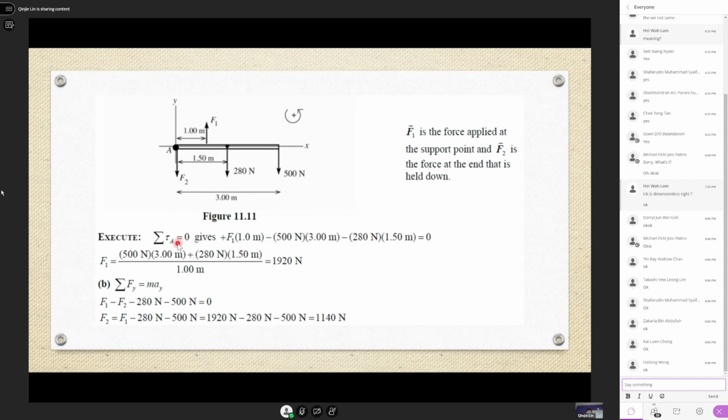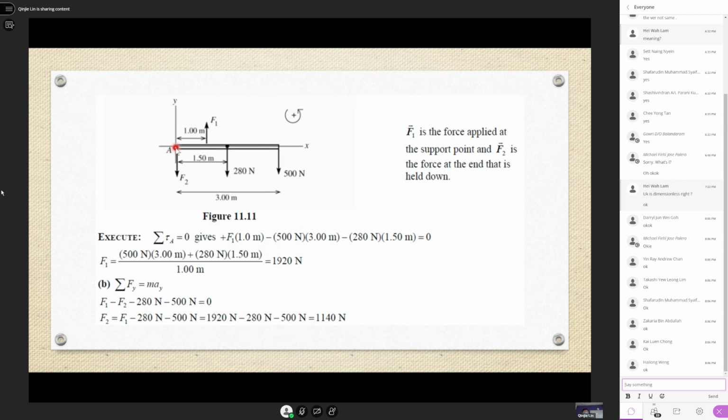So you will first take summation of torque at point A. You can write it like this, summation of tau A must equal 0. So what forces do you have? You have F1 times your distance. You also have, let's do the 500 Newtons first, the diver weight. Clockwise, that's why minus 500 times the distance from wherever you are pivoting.